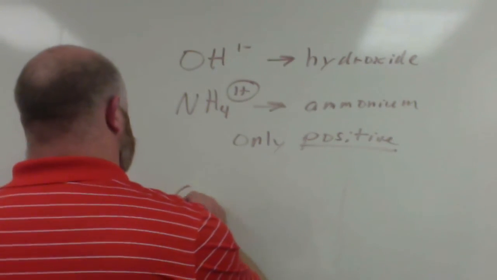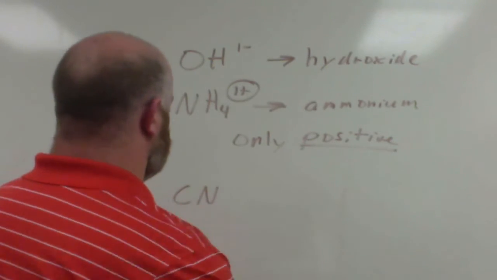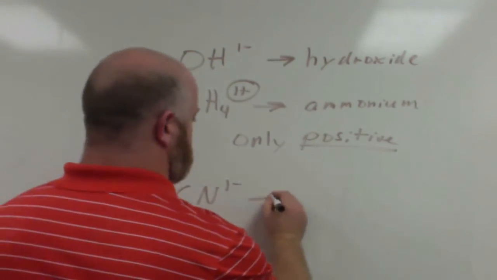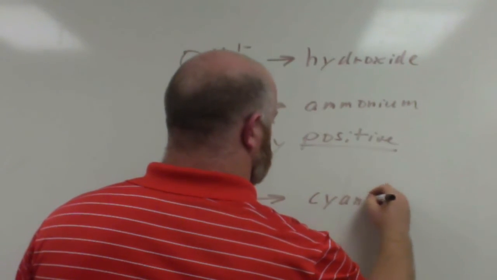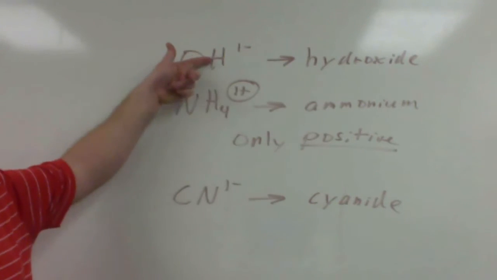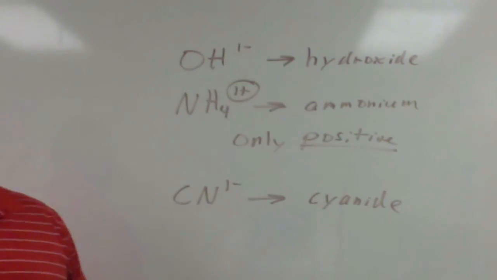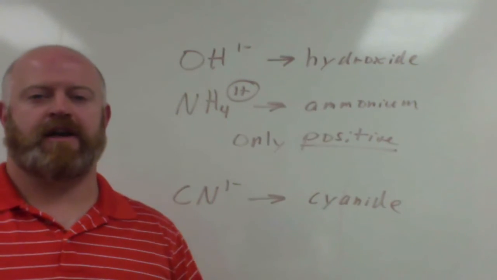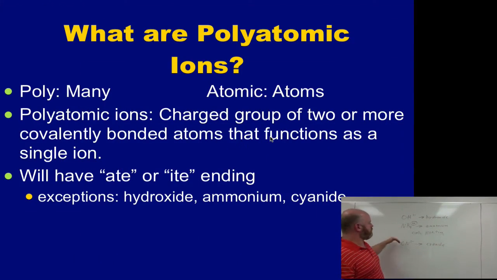Cyanide also doesn't end in "ate", and it has the form of CN. So if you notice, all three of these don't have a lot of oxygen in them. So they're a little bit different types of polyatomic ions, but they are three that you are responsible for recognizing as we go through our different polyatomic ions.